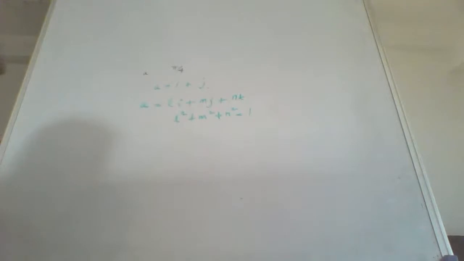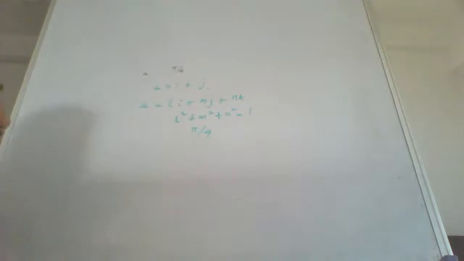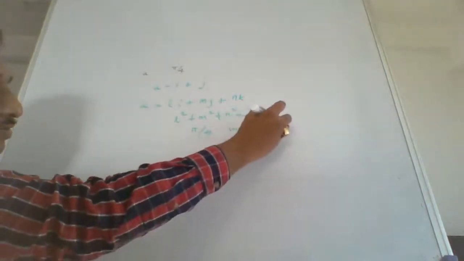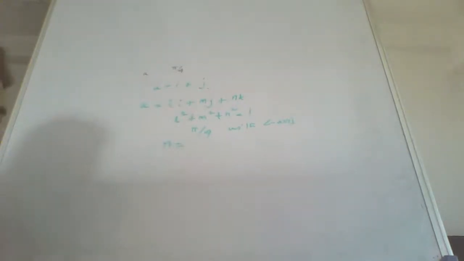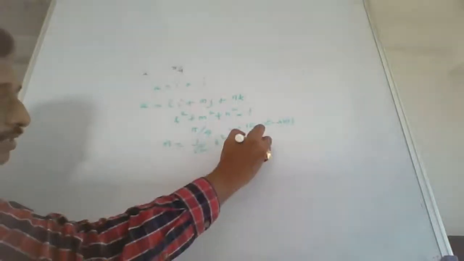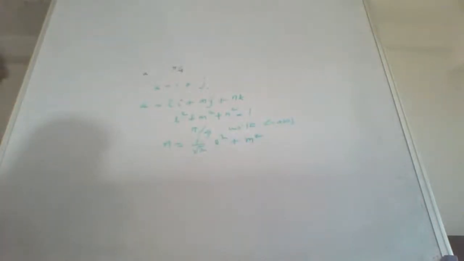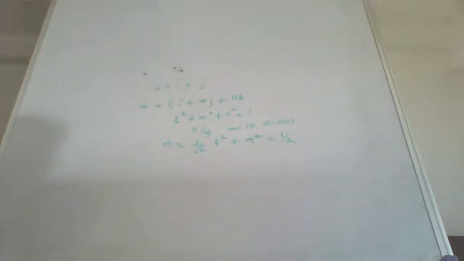A makes an angle pi by 4 with the z axis. So n will be 1 by square root of 2, and l square plus m square will be equal to 1 by 2.